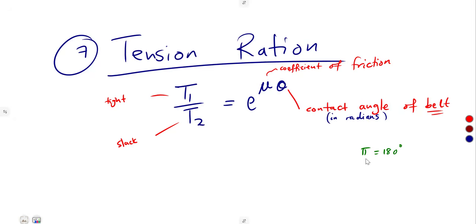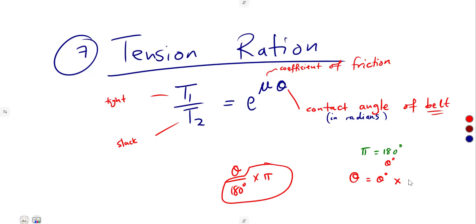So whatever conversion that I'm going to have for theta to be converted to radians, I must have theta in degrees. It's supposed to be theta over 180 times pi, so it's going to be times pi over 180.